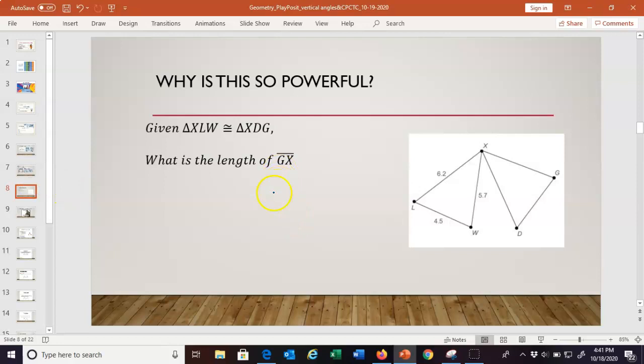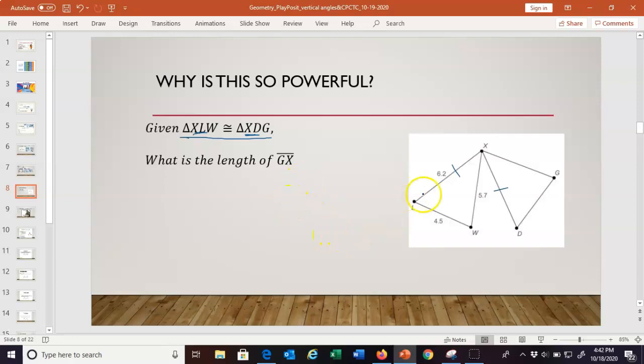And why is this so powerful? Let's look at one of these examples. Here they give us two triangles, and you have the congruent statement, but you also have the diagram. I'm going to mark up the diagram just because I think it helps visually. So XL is first, and XD. So XL and XD get the same tick mark.